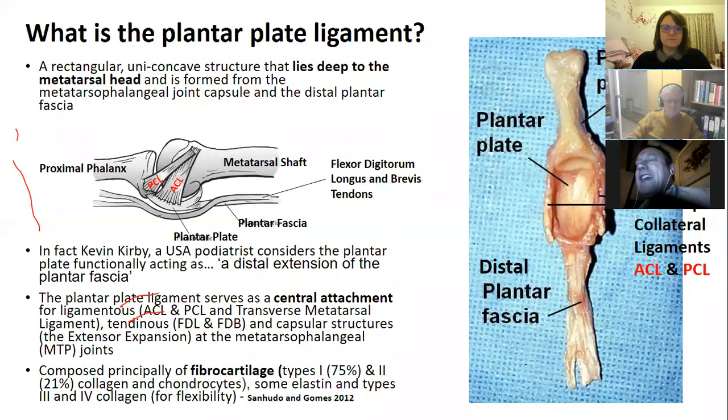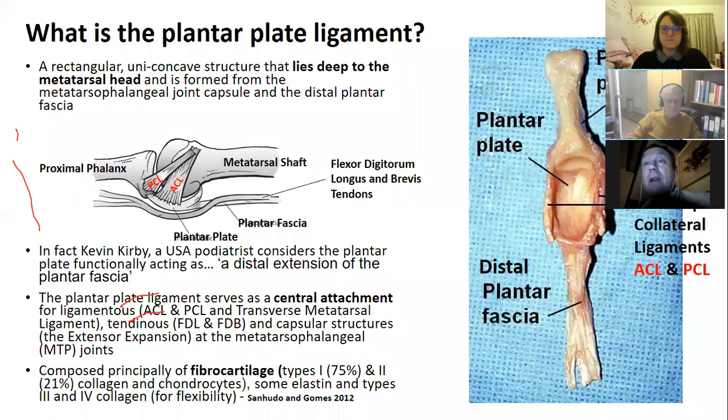And so it goes hand in hand. And fibrocartilage is made of collagen, principally type 1 and type 2 collagen, this very parallel fiber, very strong arrangement of collagen. Plus, of course, chondrocytes, so cartilaginous precursor cells. But in it also is a little bit of elastin because it has to be flexible as well.